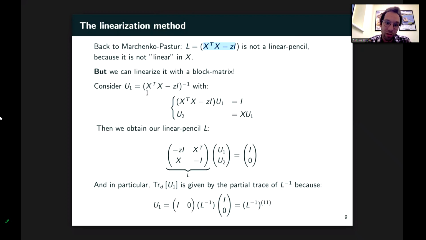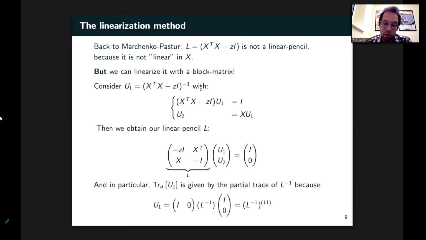So how to do that? Well, it's pretty much like creating some sort of linear equations. You just create some sort of placeholder U1, which is, well, precisely the trace of U1 is precisely what we are looking at. And we create another placeholder U2, which is equal to XU1.